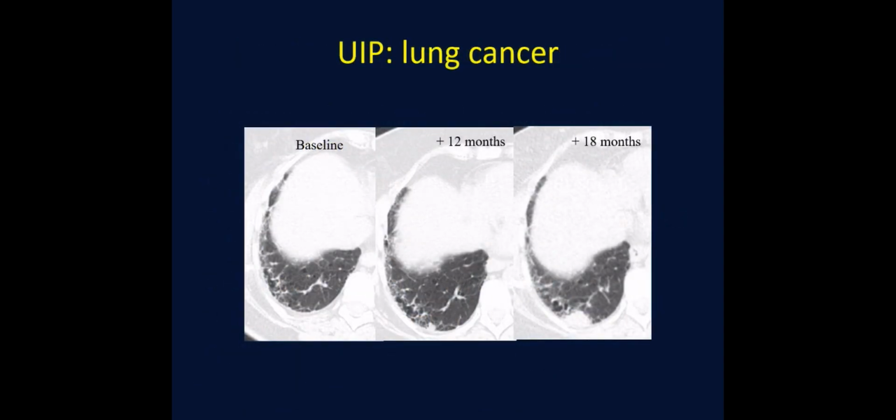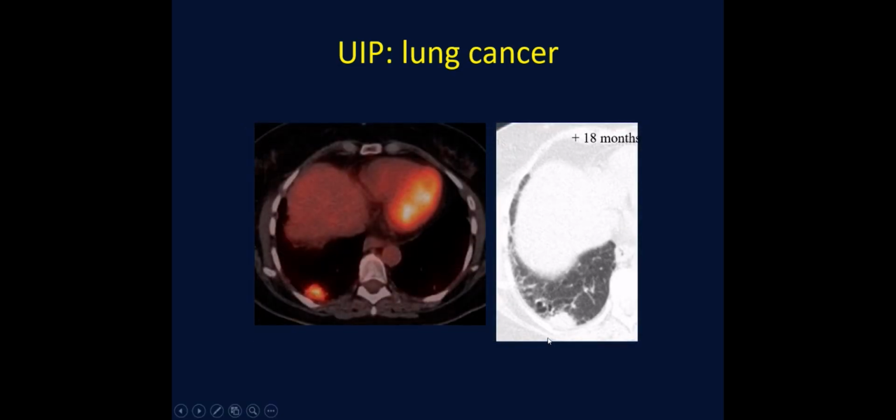The other important complication for you to be aware of is lung cancer. Lung cancer happens with increased prevalence in patients with UIP, and you can see that it often begins in the area of fibrosis and may be difficult to distinguish from background lung fibrosis. Always be suspicious of nodules, particularly if they're new, occurring in patients with UIP, and get an early follow-up scan.